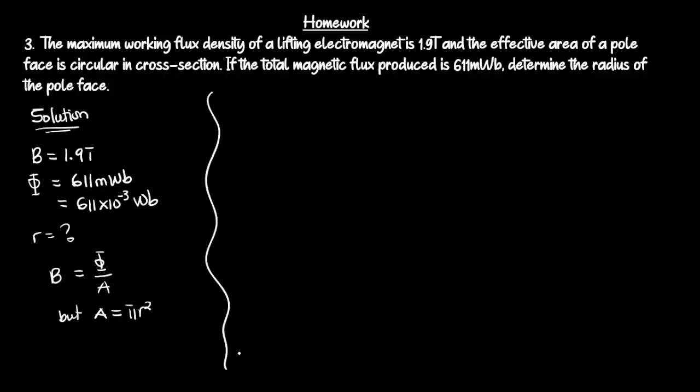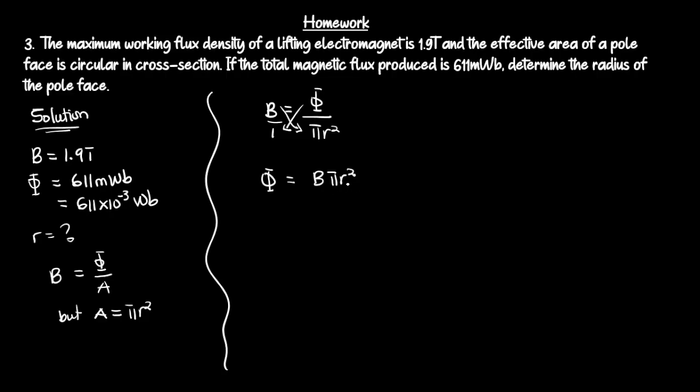So my magnetic flux density B is equal to phi over pi r squared. If I cross multiply, my phi will multiply 1, which is still phi, then I have B pi r squared.